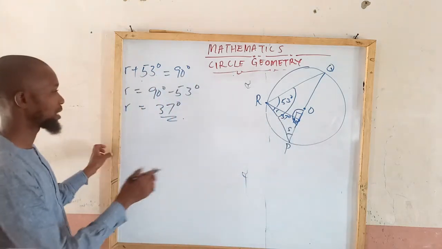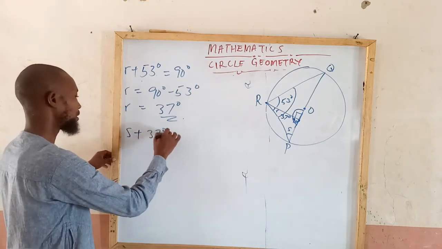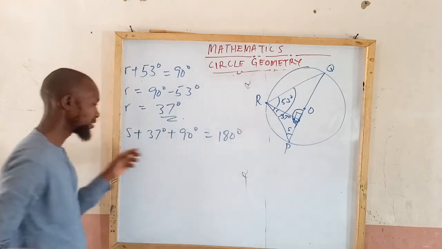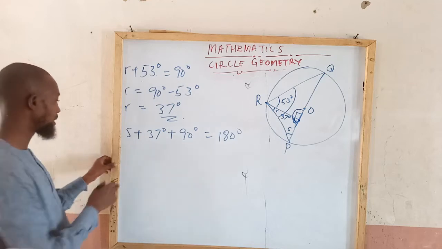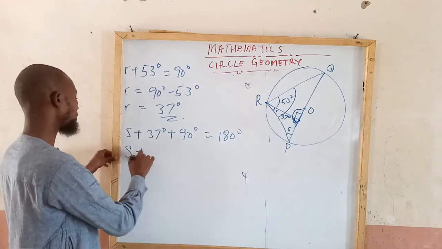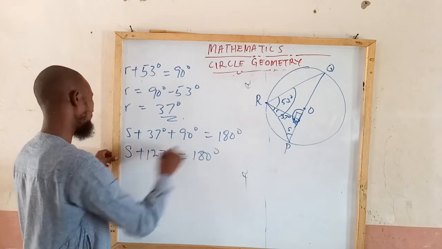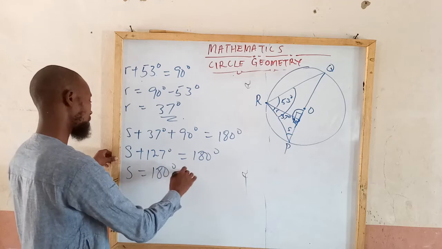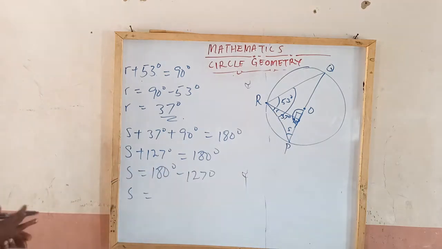So to solve it now, X plus 37 degrees plus 90 degrees is what? 180 degrees. So we can say the sum of angles in a triangle in this case is what? 180 degrees. So which means X plus 127 degrees is what? 180 degrees. So to get X, we are going to subtract 127 degrees from 180 degrees.